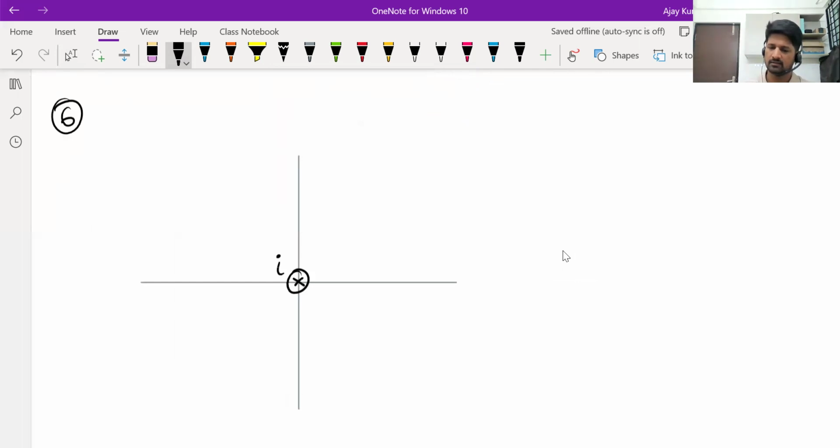Current is I. And you are given a path from here to here. What are the coordinates? A by 2, comma A by 2. Two, x coordinate A by 2, y coordinate minus A by 2.